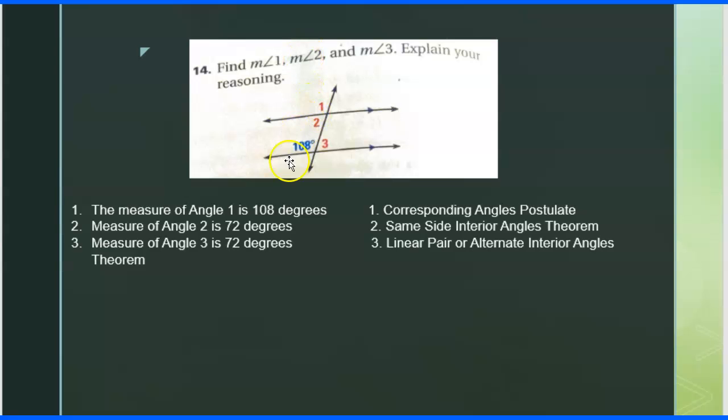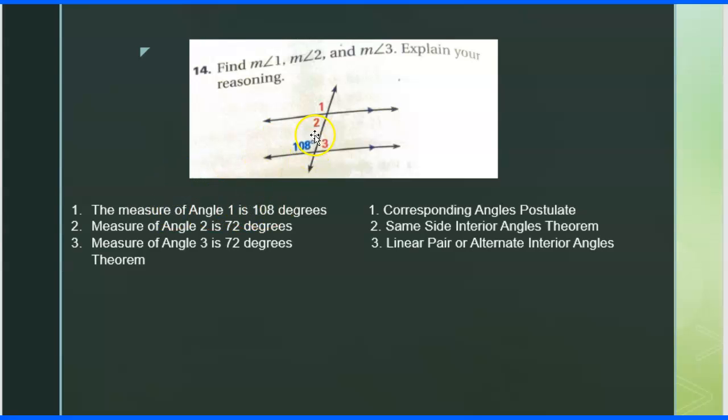We find that out from the diagram. Now remember, I've told you that you can find given material in the text or on the diagram. Now they want you to find the measure of angle 1, angle 2, and angle 3, and then they want you to explain your reasoning.